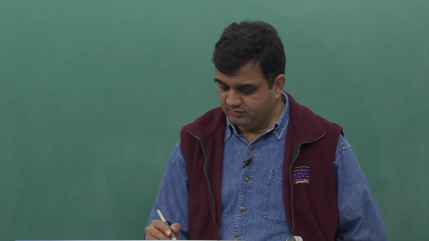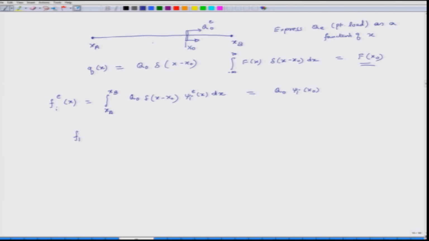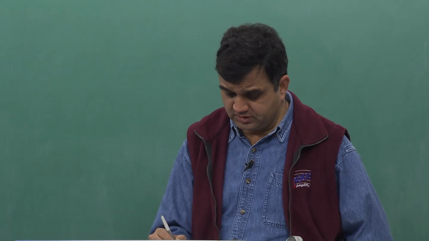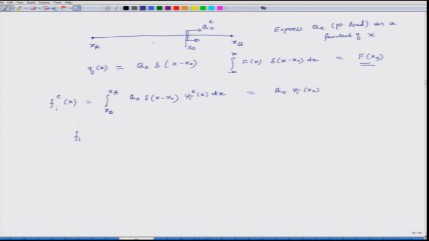Which means that f1 e, corresponding to the first approximation function, is equal to q naught psi 1 at x naught, and f2 e is equal to q naught psi 2 at x naught.